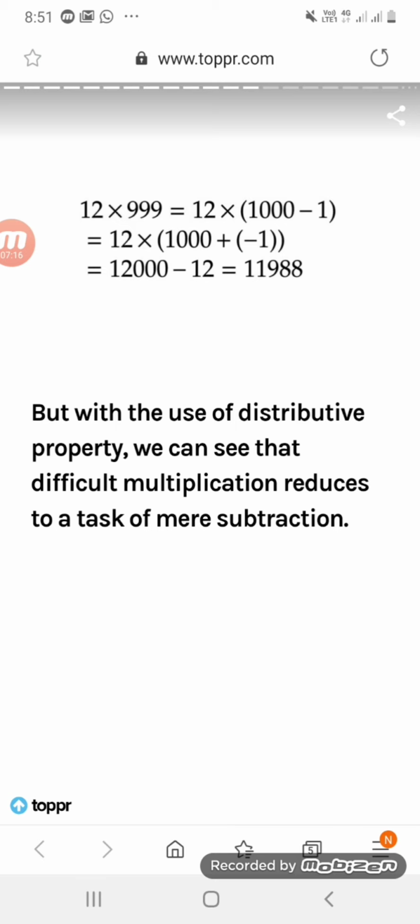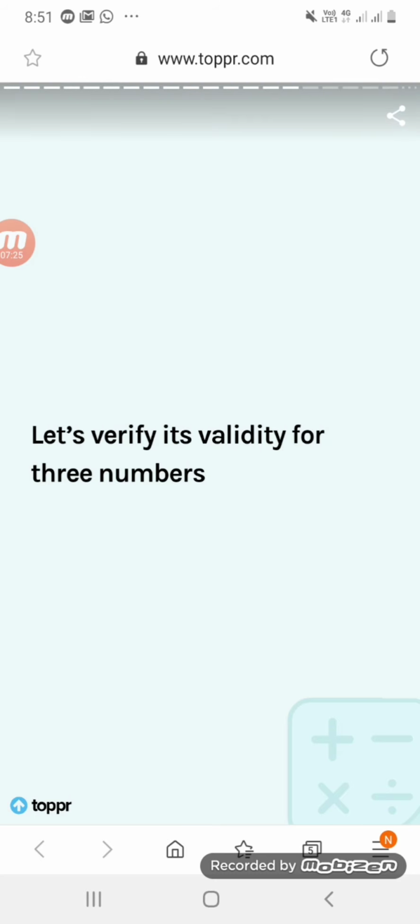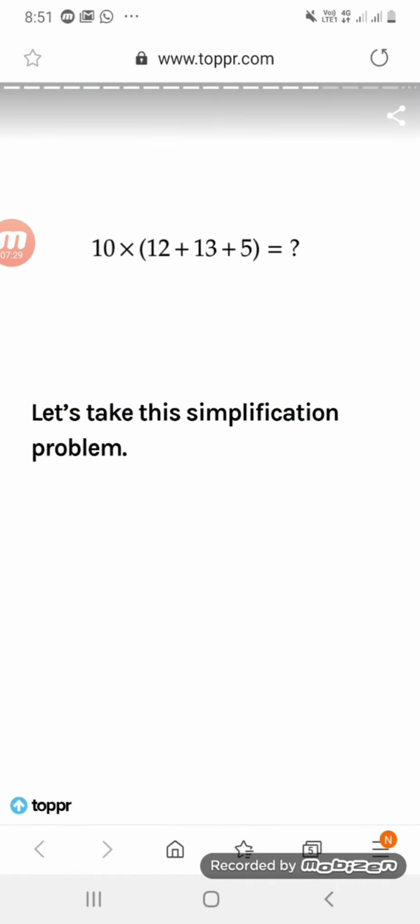With the use of the distributive property, we can see that a difficult multiplication reduces to a task of mere subtraction. So we have seen that it works for two numbers, right? So let us verify its validity for three numbers. We'll take 10 into (12 plus 13 plus 5).